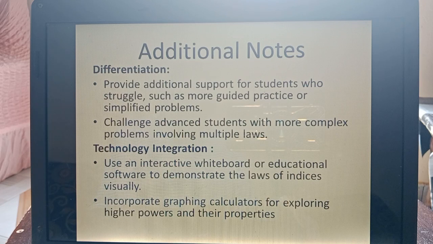Then you can have technology integration, where you use an interactive whiteboard or educational software to demonstrate the rules of indices visually. Incorporating graphing calculators for exploring higher powers and their properties.